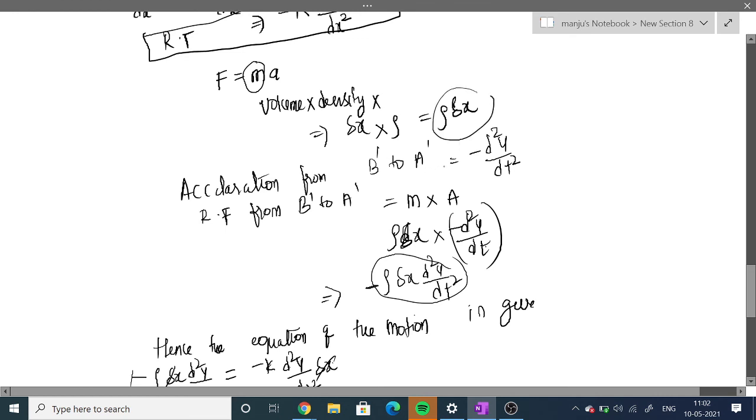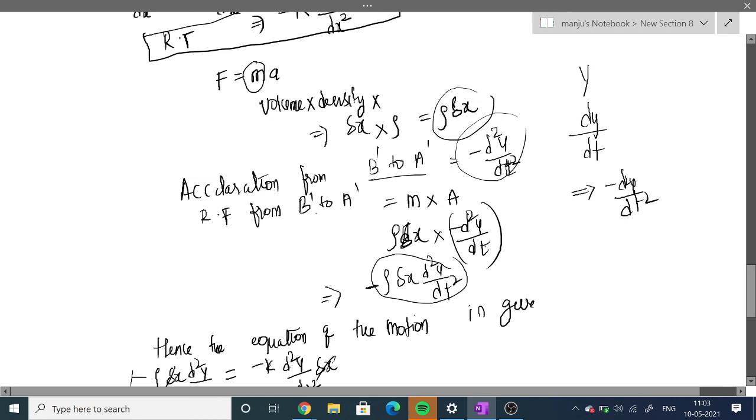The acceleration from B dash to A dash is minus d square y by dt square, because if y is the displacement, the velocity is dy by dt, and the acceleration is d square y by dt square. It is in the opposite direction, so we have to consider a negative sign.